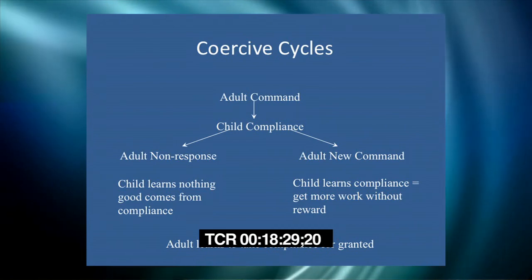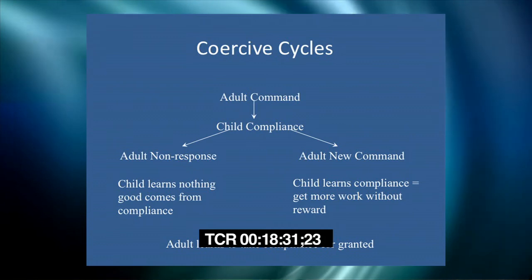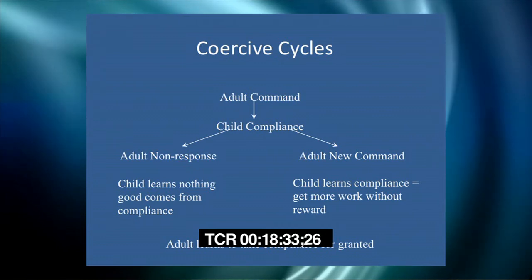So in this first one to the left here, the consequence would be no attention. Okay, so if kids' behavior is, we're making an assumption here, if kids' behavior is maintained or motivated by attention, would we expect compliance to be reinforced over time? Okay, and let me just stop there for a second.